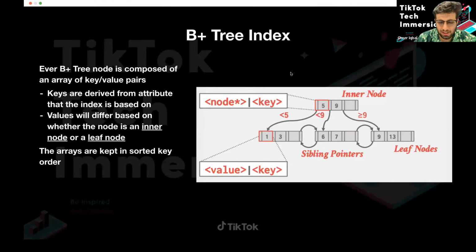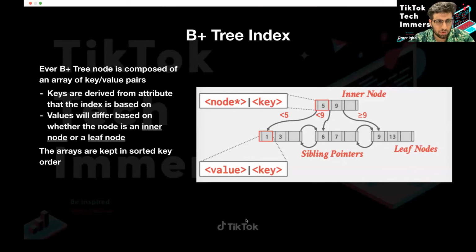A B+ tree is like a binary tree, like an AVL tree, but it's a generalized version. Instead of having only 2 children, you will have n children. Normally n will be a pretty large number, I think it's the block size basically. It's a very nice data structure because you get logarithmic search.